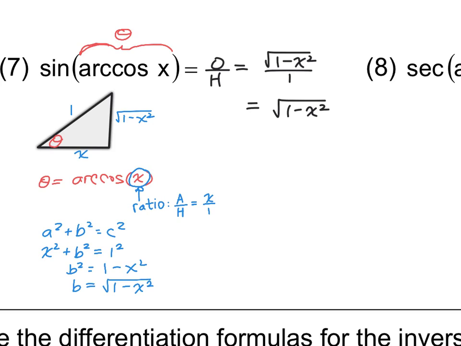Do you know what the derivative of the arc cosine of x is? Maybe. Most likely not. Can you figure out what the derivative of the square root of 1 minus x squared is? Yes. So one form you can't necessarily work with, the other form definitely you can.